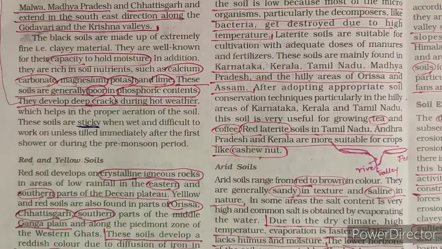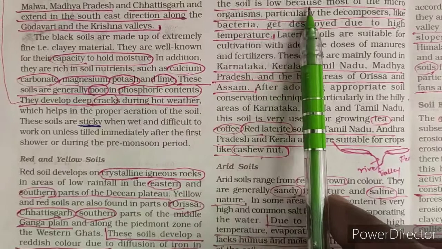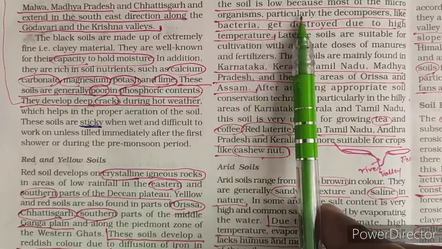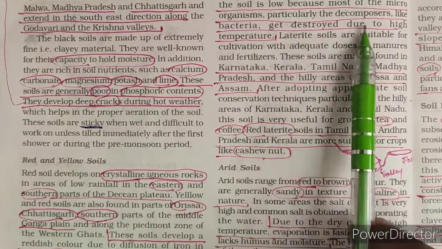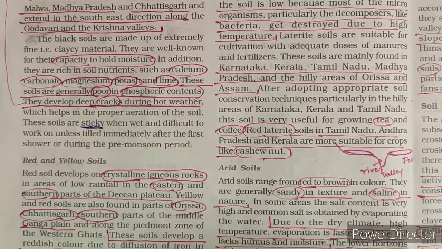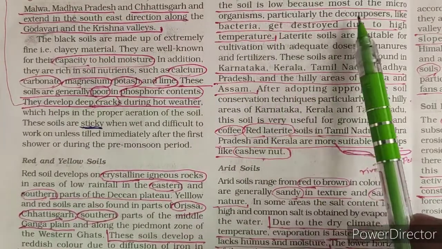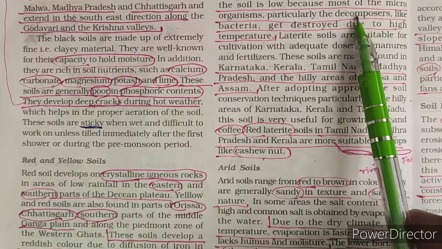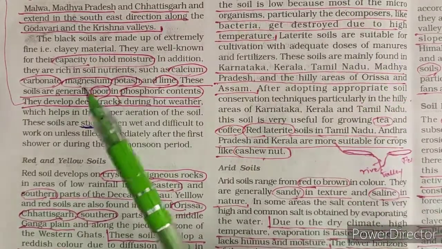Humus content of the soil is low because most of the microorganisms, particularly decomposers like bacteria, get destroyed due to high temperature. So high temperature is suitable for the formation of this soil, but this same high temperature is responsible for the destruction of decomposers. That's why these decomposers are not able to increase humus in this soil.